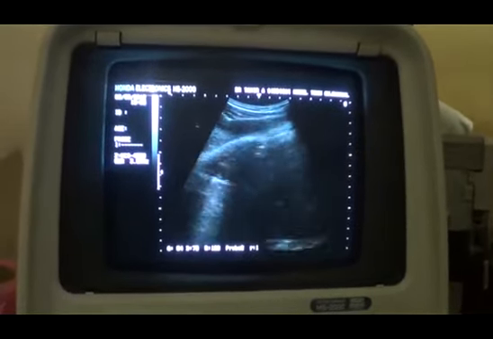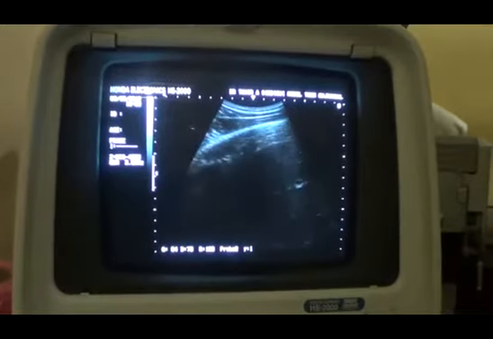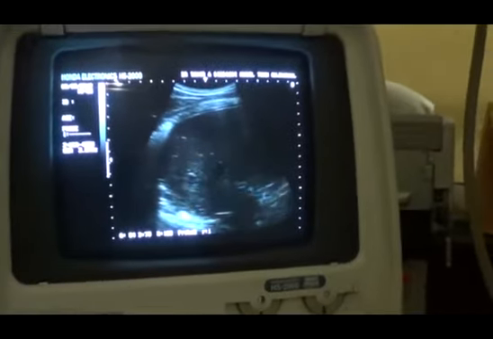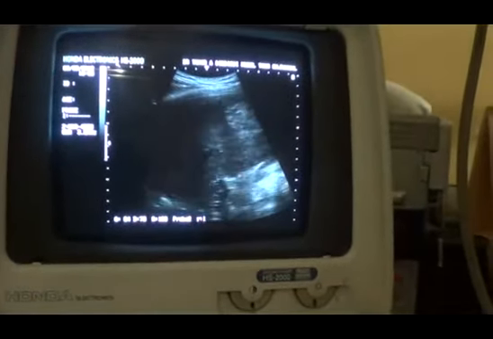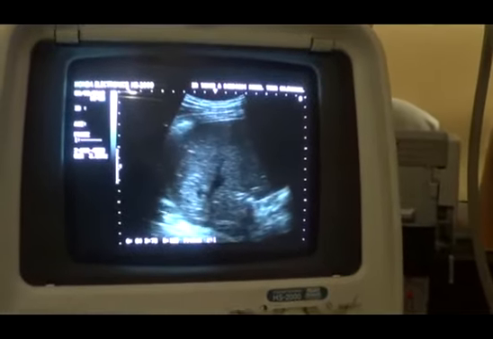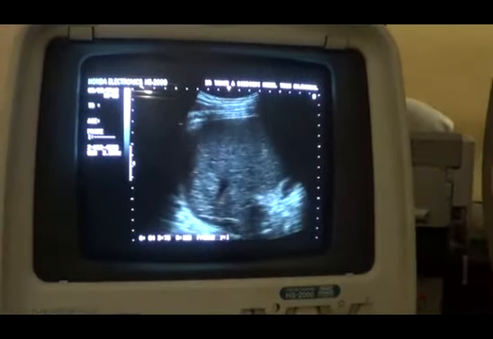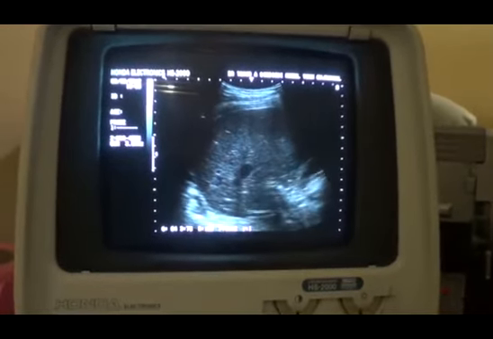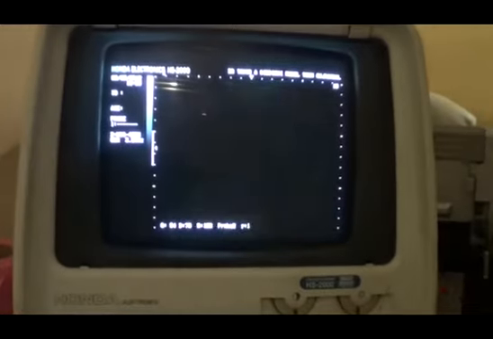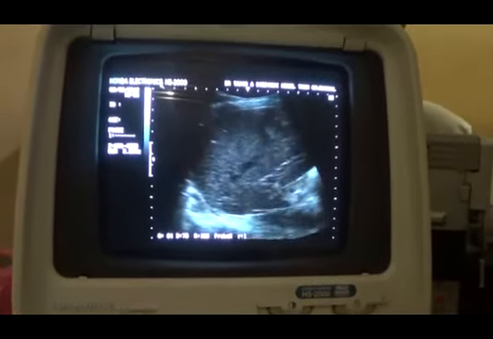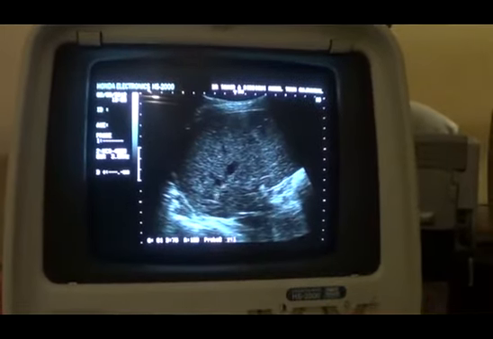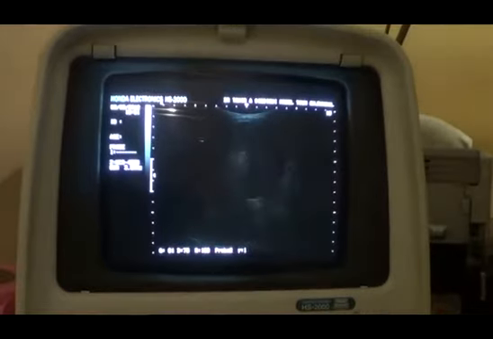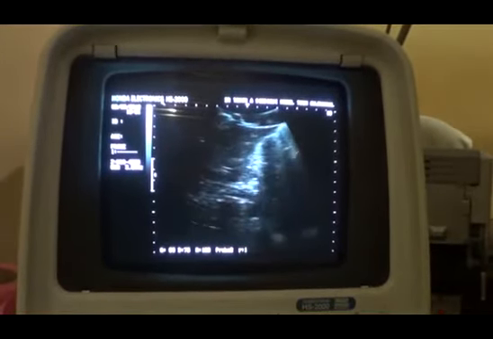Now this view is to get the third one, close to the diaphragm, same configuration, only the size is different from that of the other lesions. Now this is the fluid, this is the lung tissue seen in this view.